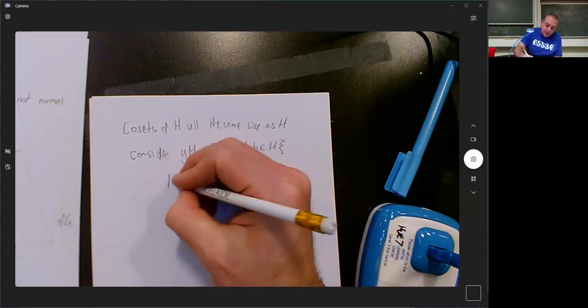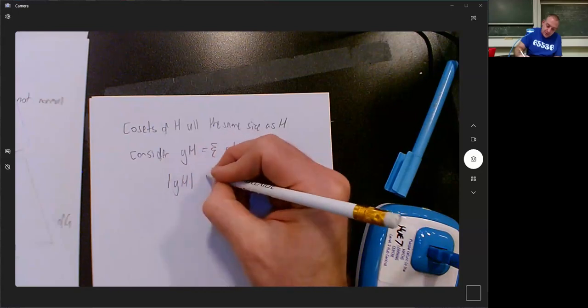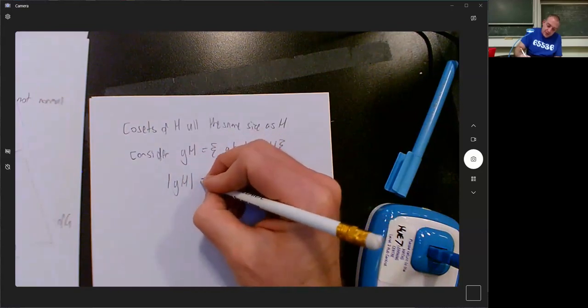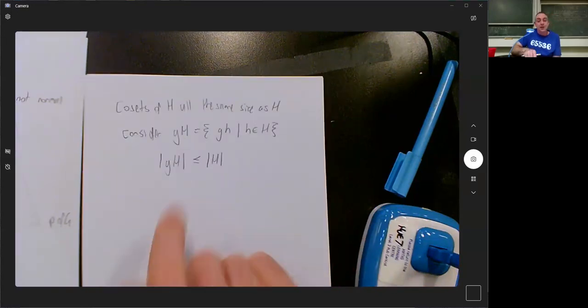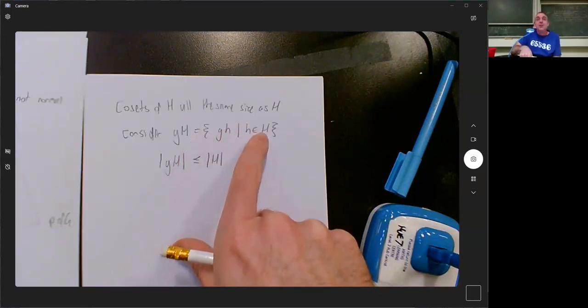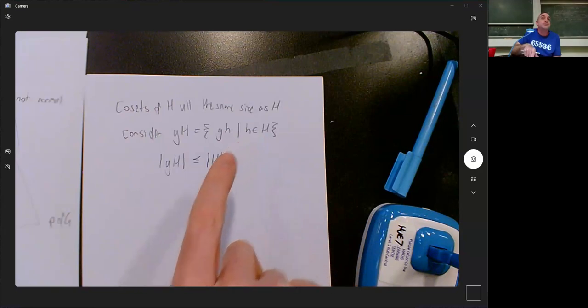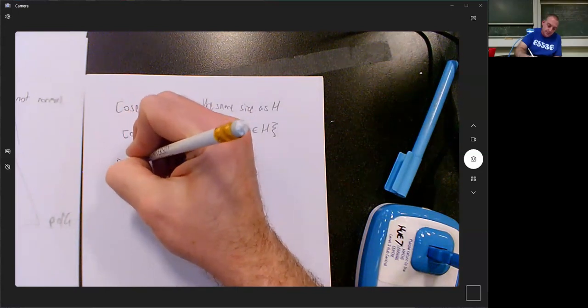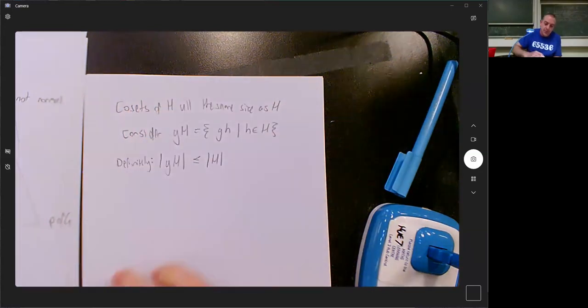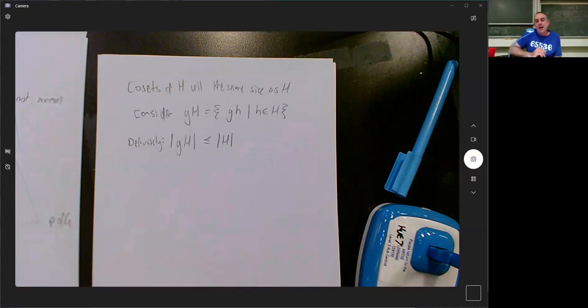So the size of gH is definitely less than or equal to the size of H, because every one of them came from one of the elements of H. So definitely that's true. And the only way that gH could be smaller than H would be if 2 of them were the same.